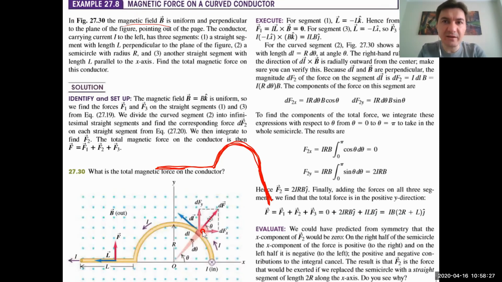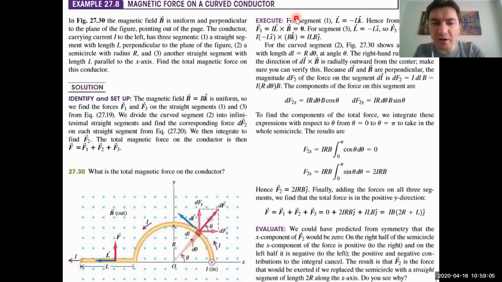We have to solve an integral. So then we will combine all forces, magnetic force here, F1, magnetic force here, F2, and magnetic force here, F3. Then we will find the total magnetic force acting on the conductor.